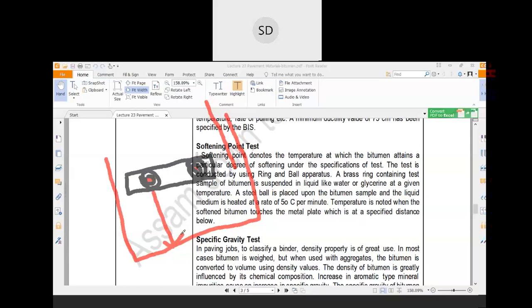So at a certain temperature, whenever you increase the temperature at a certain rate, after some point the bitumen softens and the bitumen content with the steel ball will touch the bottom portion of the testing jar. That temperature is basically your softening point.